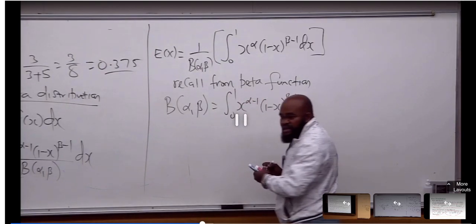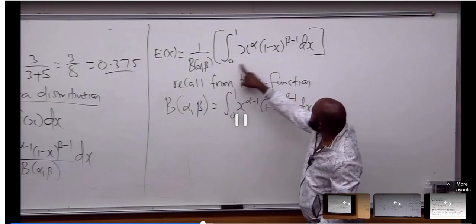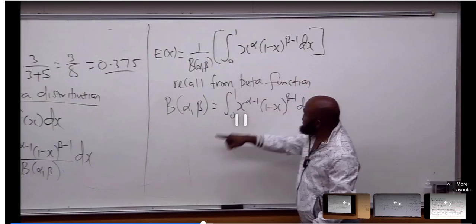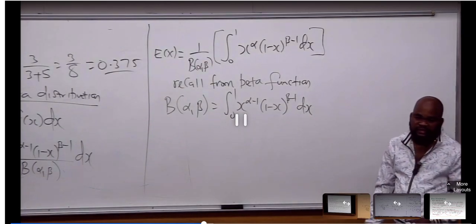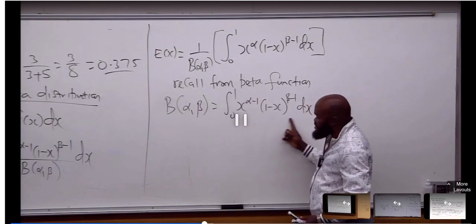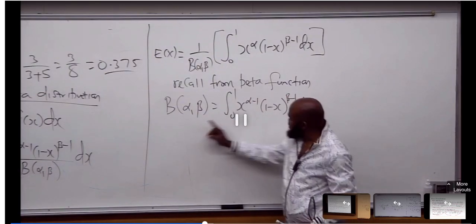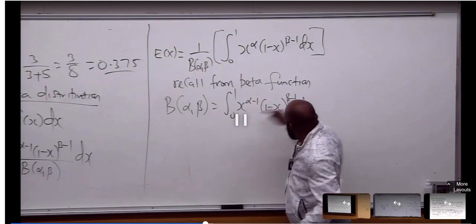From a beta function, this can be written as this. Can somebody tell me how this, if I want to write this to look like this, what am I going to write for extra credit? From a beta function, anything like this can be written as this. When there is alpha minus 1 here, there's going to be alpha. It's like adding 1, adding 1.